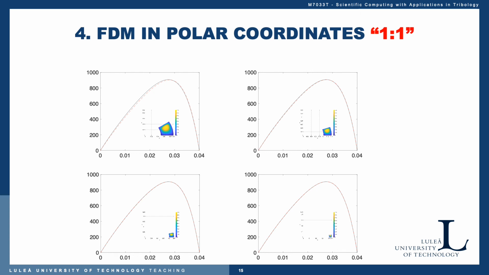But if we now increase the inner radius more and more, we can clearly see that these two start to overlap, meaning that we have obtained a valid solution also in the polar coordinate case.